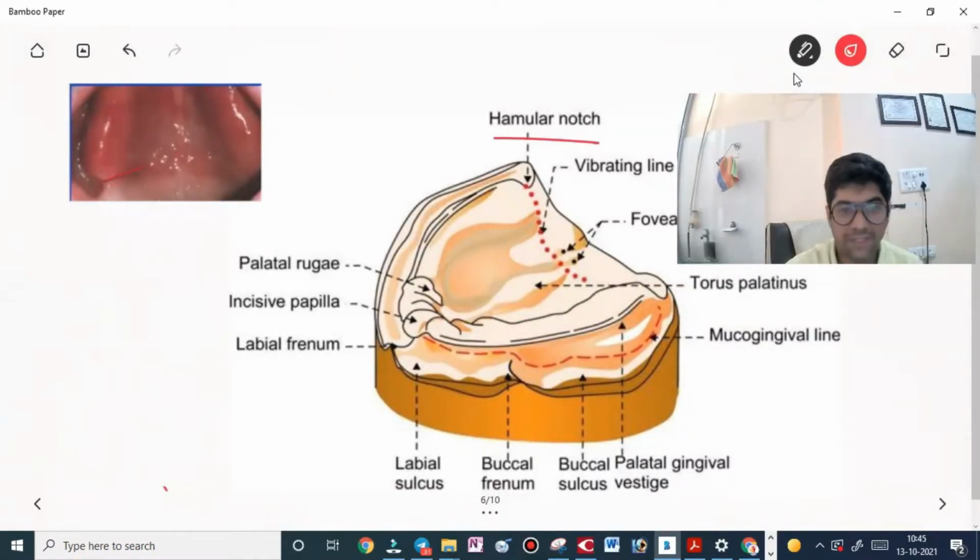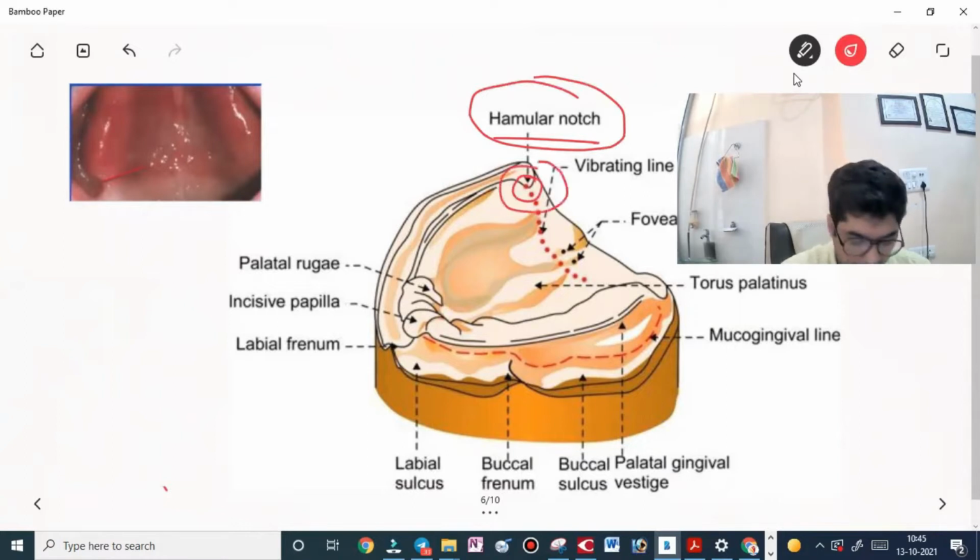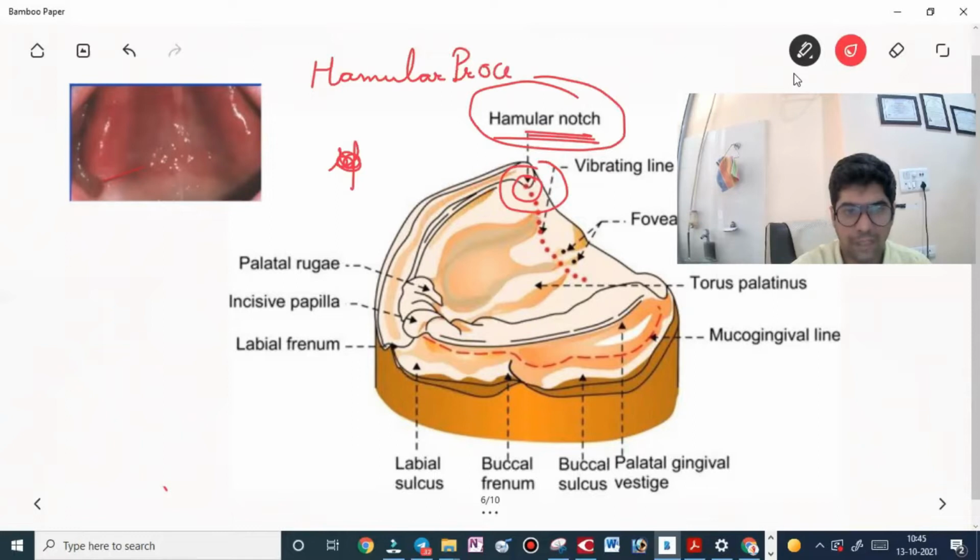The next important structure is the hamular notch. So what is hamular notch? It is located between the maxillary tuberosity and the hamular process of the sphenoid bone. The important thing is the hamular notch and the other is the hamular process. So do not get confused between these two.